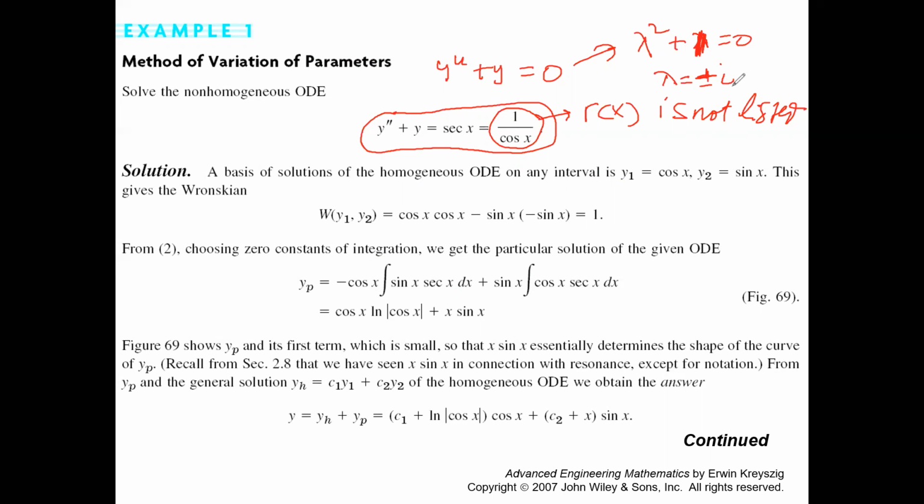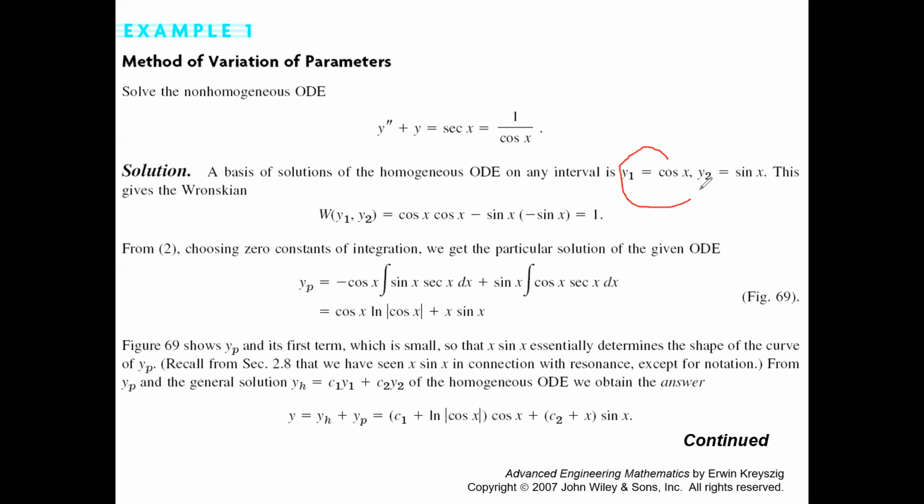So we have a complex solution here. For the complex homogeneous solution, we have yh equal to a sin omega x plus b cos omega x, and omega is equal to 1 in our case. So the solutions of this homogeneous are cos x and sin x.